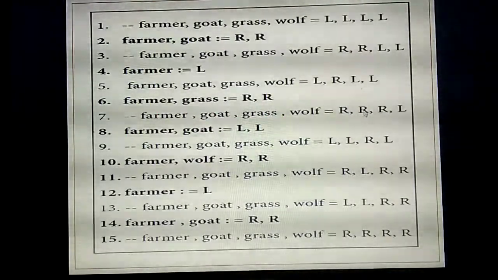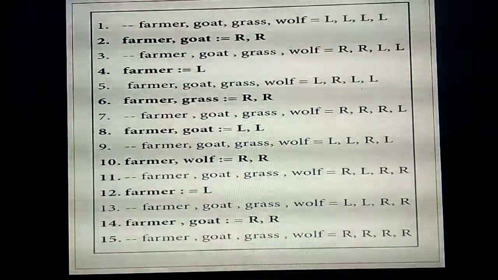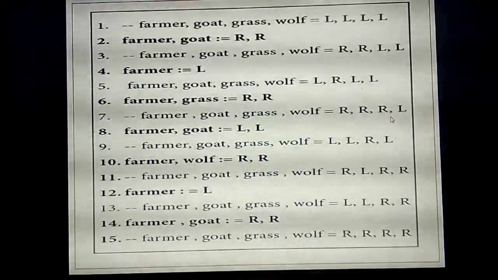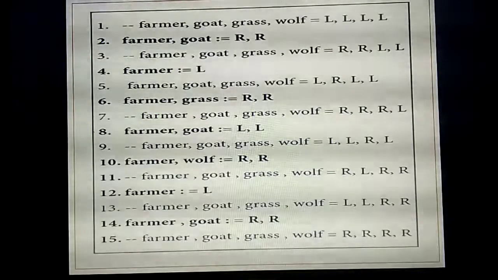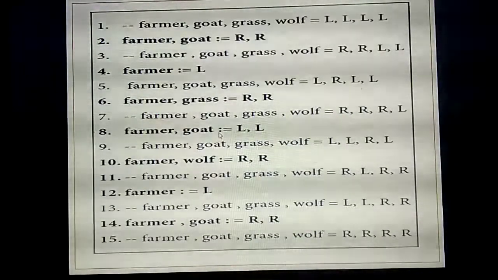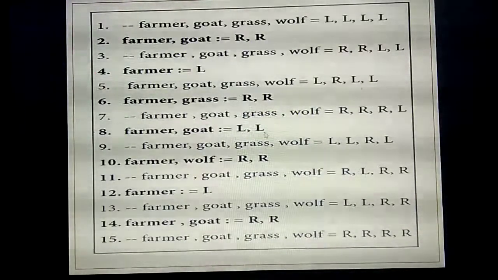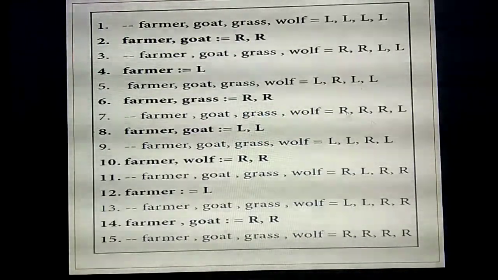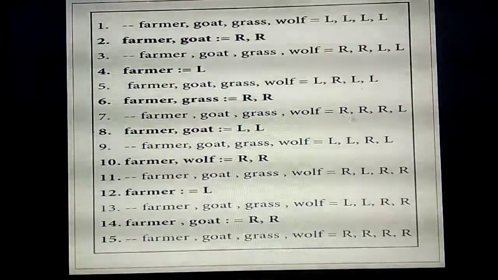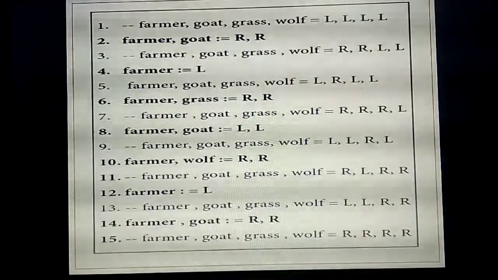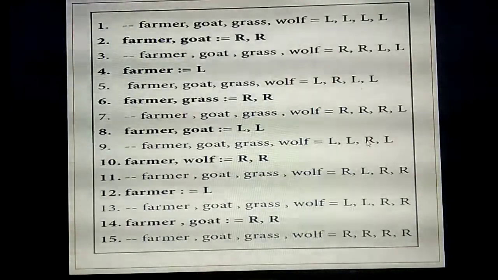But if a farmer only comes to the left side, the goat eats all the grass bundle. So what the farmer is doing is carrying the goat along with him. So again the farmer and the goat, now they are standing on which side? Left side. Understand? So substitute the values here. Here both the farmer and goat are standing on the left side as well as wolf. Only grass alone at the right side.